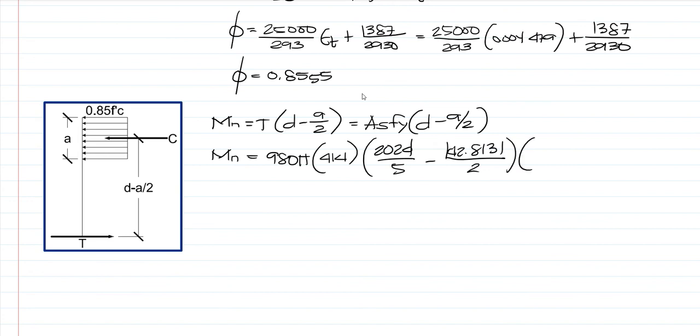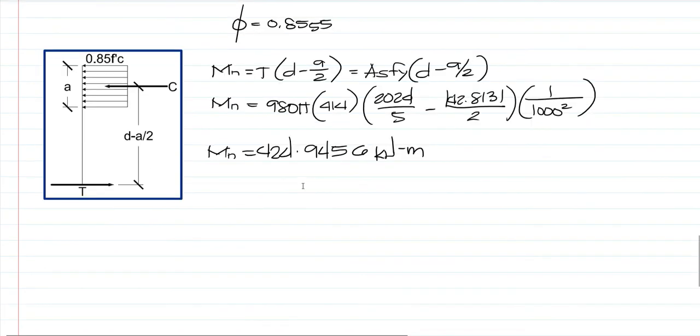So, multiply natin ng 1 over 1,000 squared para yung unit natin is in kilonewton meter. So, our Mn now will just be equivalent to a value of 424.9456. So, this is in kilonewton meter.